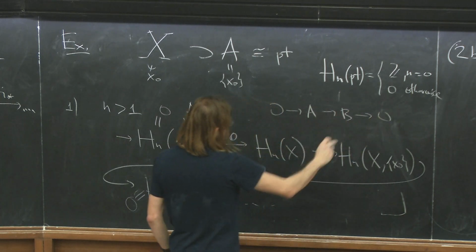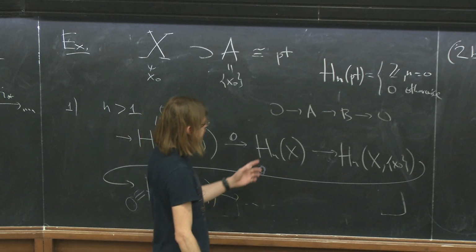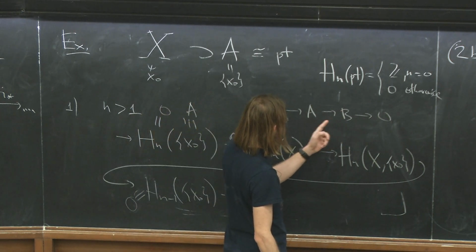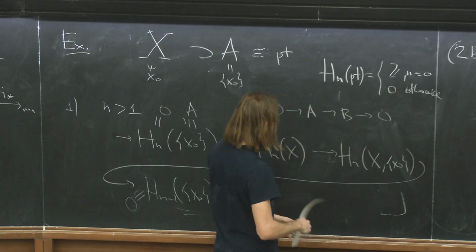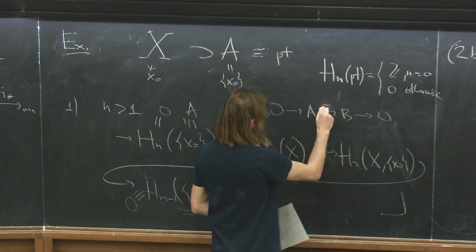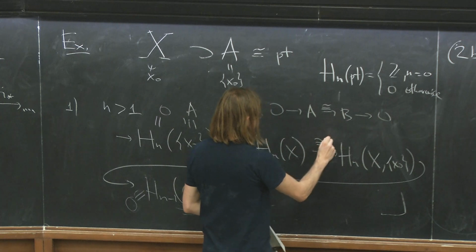We now have a part of an exact sequence where there is a pair of groups, with a 0 before and a 0 after, and this necessarily implies that this must be an isomorphism.